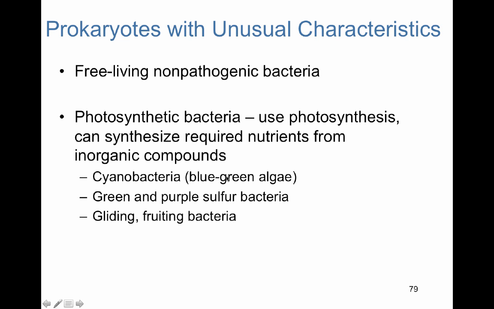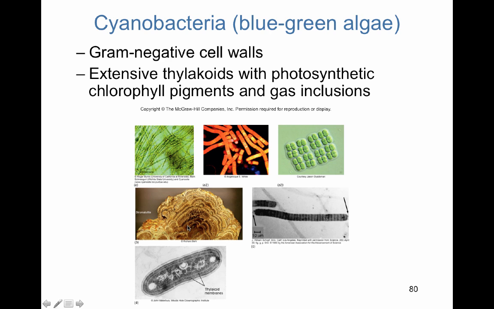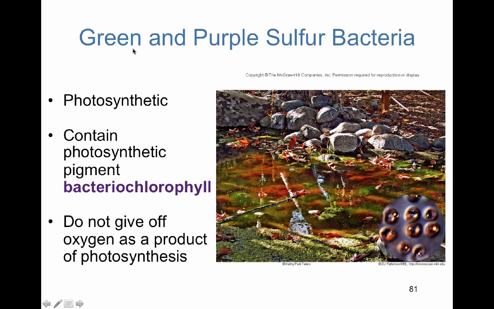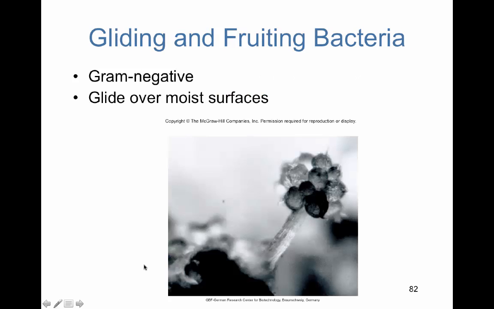And the ones that produce molecular oxygen are referred to as blue-green algae, even though they're not algae, they're actually bacteria, but they are blue or green in color. And then also these guys, instead of producing oxygen, they produce sulfur, and then we also have the gliding fruiting bacteria.